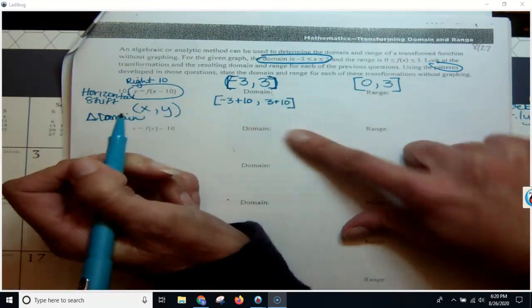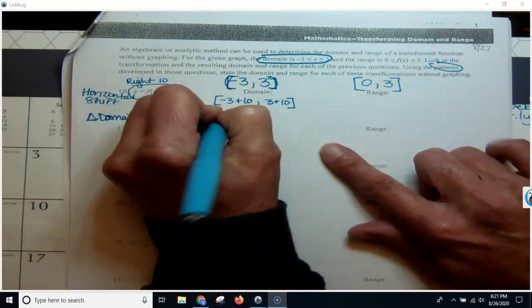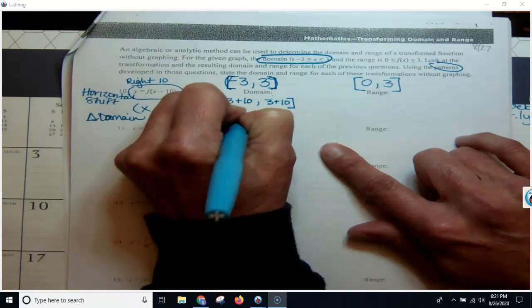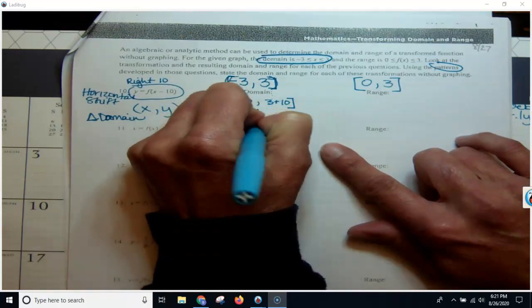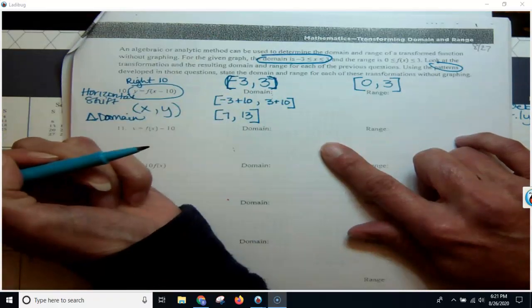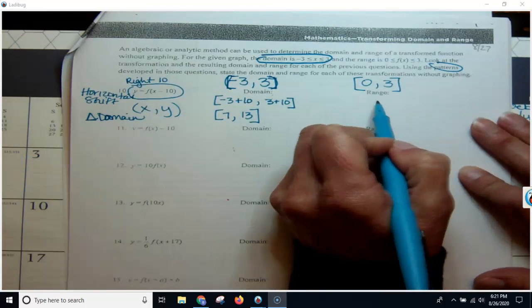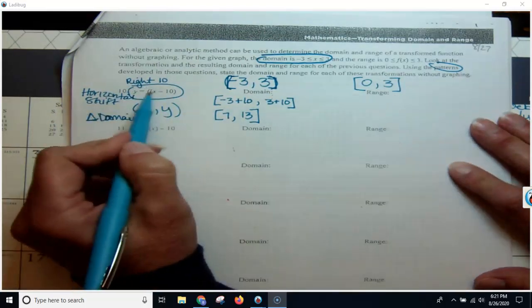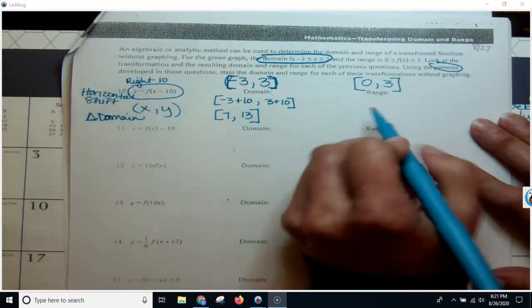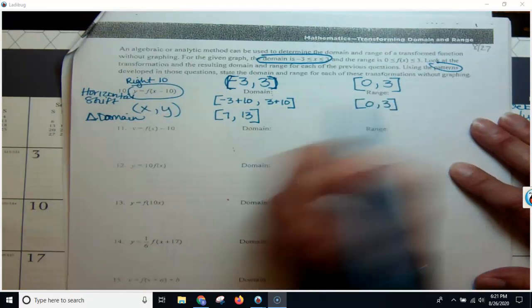These aren't X and Y, these are low and high. So now my domain would be 7 and 13, because it would have shifted over 10 to the right. All right, but what happened to my range? Well, there's no change to the range, and I'll explain how you can see that. But as of right now, the range has not changed, so we're good with the range.